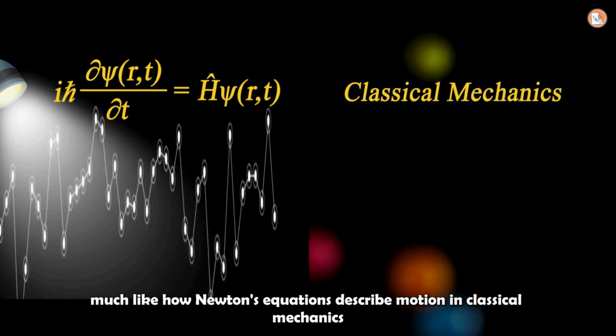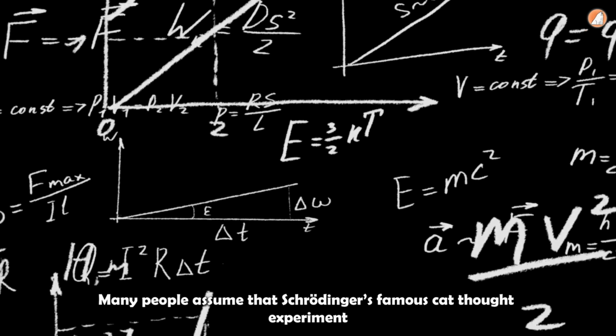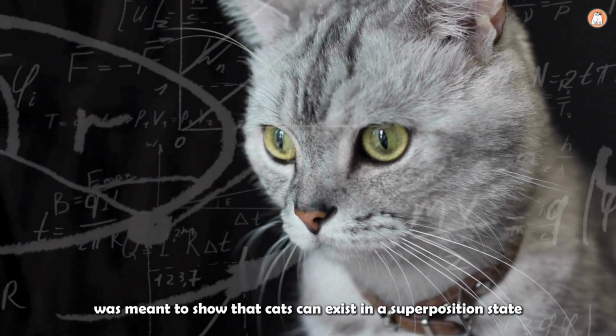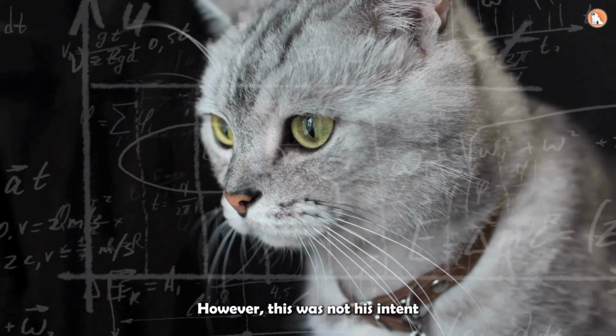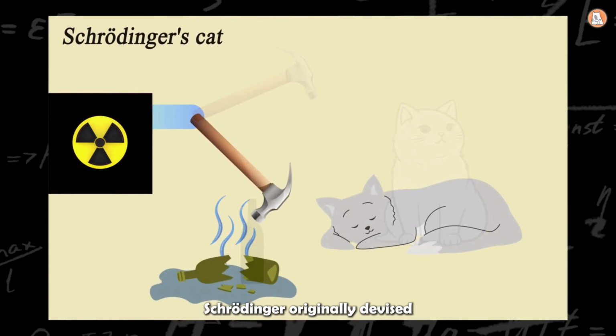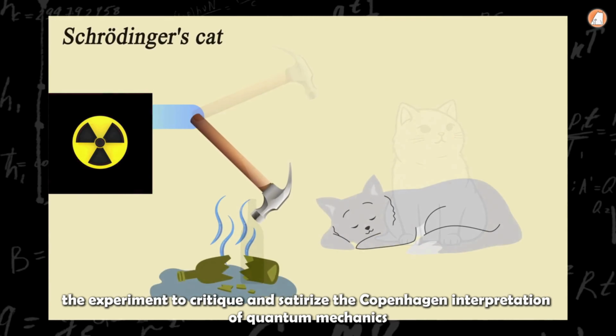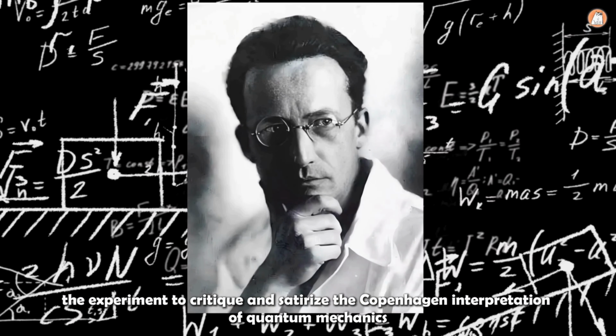Many people assume that Schrödinger's famous cat thought experiment was meant to show that cats can exist in a superposition state. However, this was not his intent. Schrödinger originally devised the experiment to critique and satirize the Copenhagen interpretation of quantum mechanics.